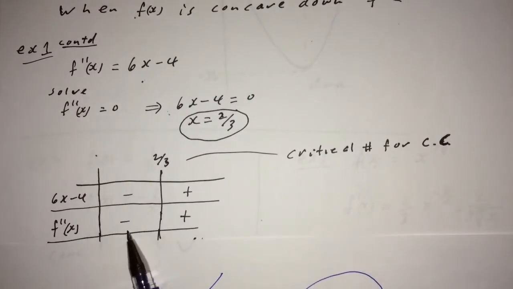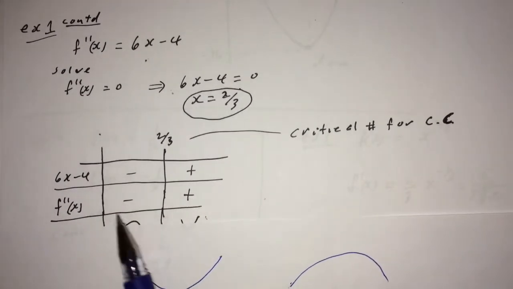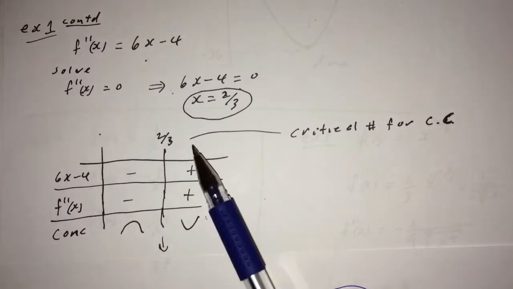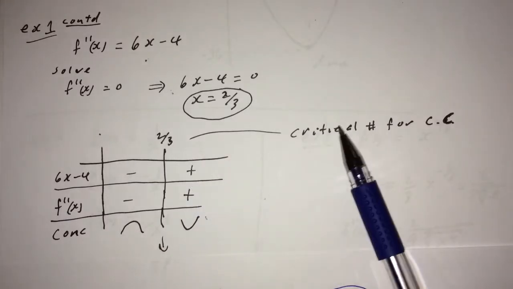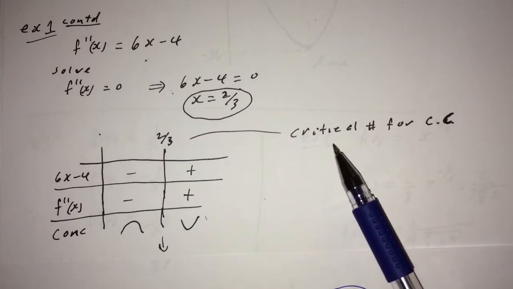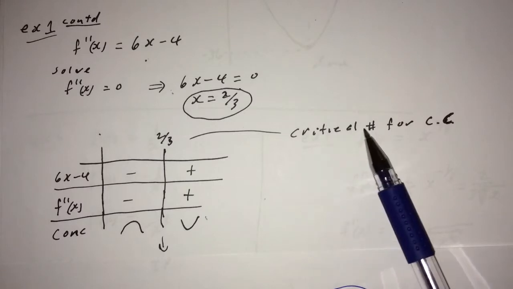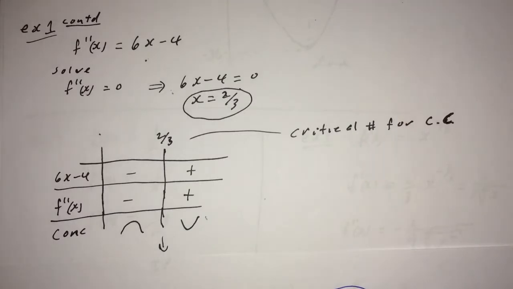So f double prime is negative, positive. Because it's negative, it's concave down. It's less than 0. It's concave up here. Okay, so 2/3 is a critical number for the concavity chart. Okay, so not for the increasing decreasing table, just for the concavity chart.